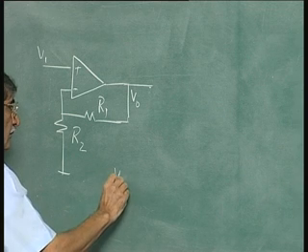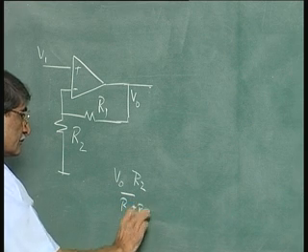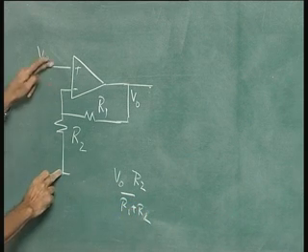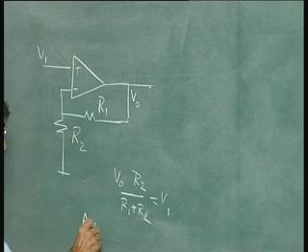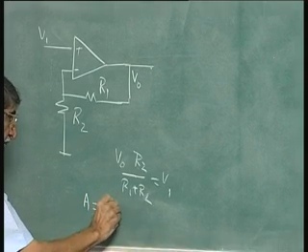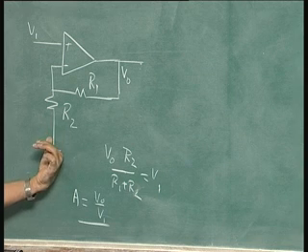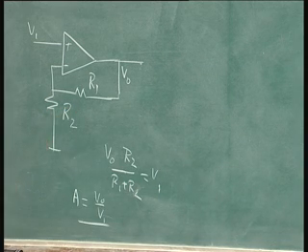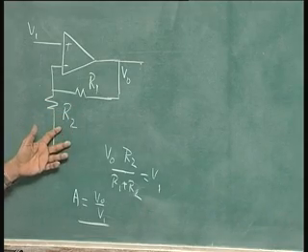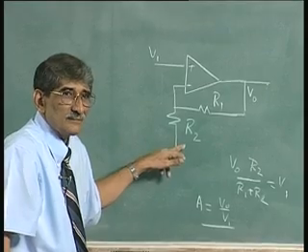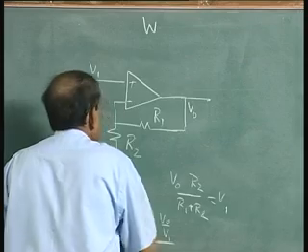V naught into R2 divided by R1 plus R2, that is the voltage here, that is equal to V n. So, you have got A is equal to V naught by V 1, which is nothing but 1 plus R 1 by R 2. I think you have been tired of listening to this probably. 1 plus R 1 by R 2 is 3. That means, R 1 by R 2 is equal to 2. You make this 2 compared to that is 3. And then what do you have? Wien-Bridge.